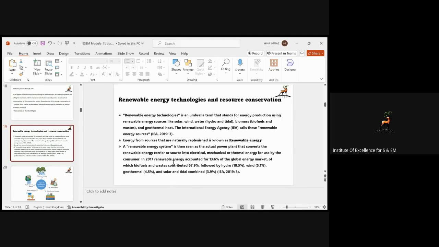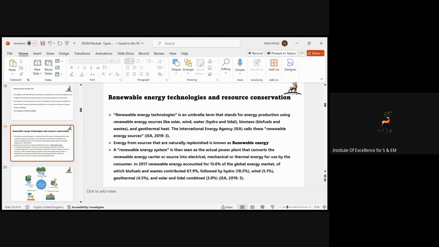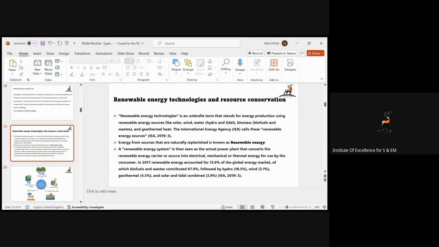So, moving towards the third subtopic, renewable energy technology and resource conservation. Basically, renewable energy technologies is an umbrella term that stands for energy production using renewable energy resources like solar, wind, water, biomass and geothermal heat.